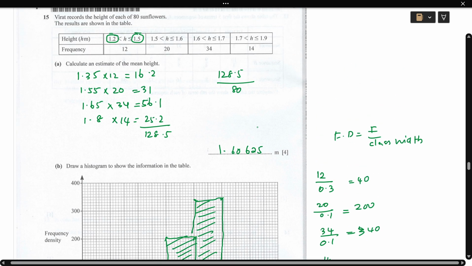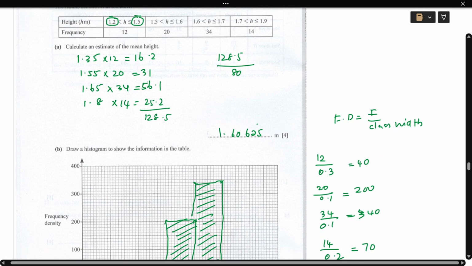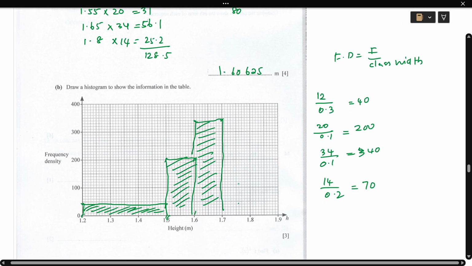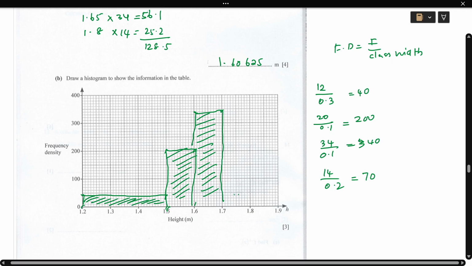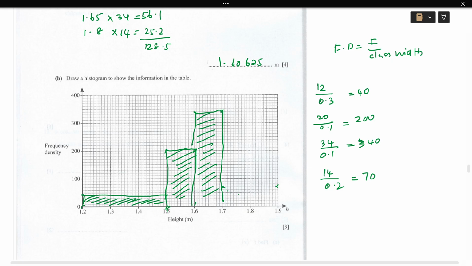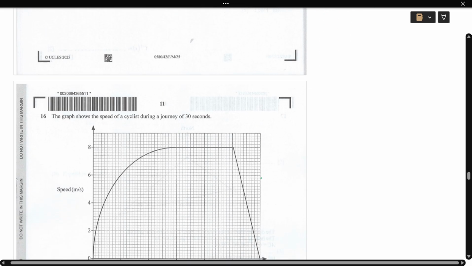Okay, so next is 1.7 to 1.9. Till the end is 70, so 70 over here, 70 over here. So just make a line, and it's done, this question.